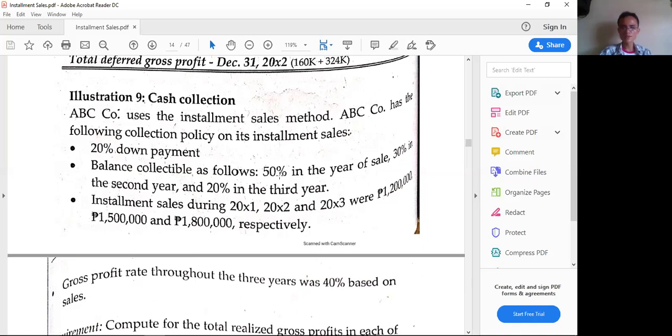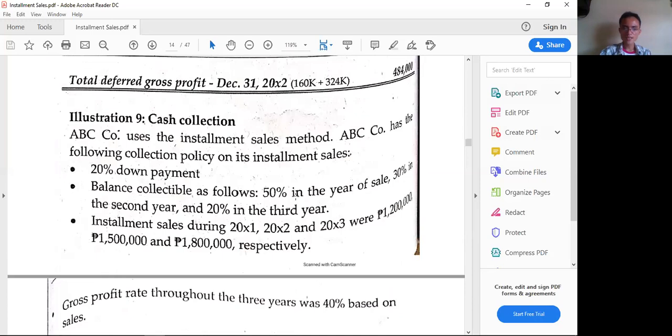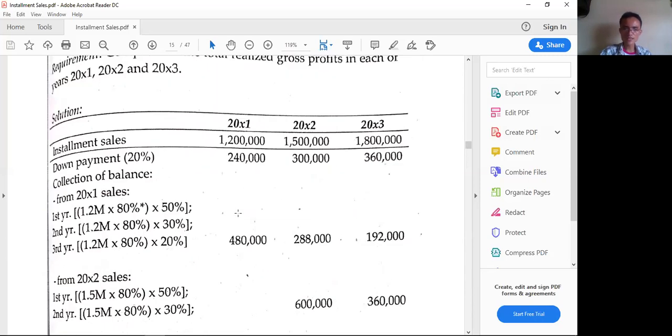So that would be, first, the collection for that year sales. So that is 20% of 1,500,000. That's 300,000. And then for that year sale, 1,500,000, that is 50% of the 80%.